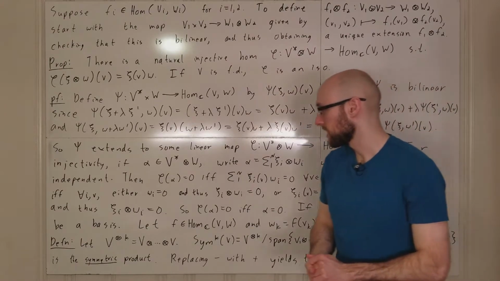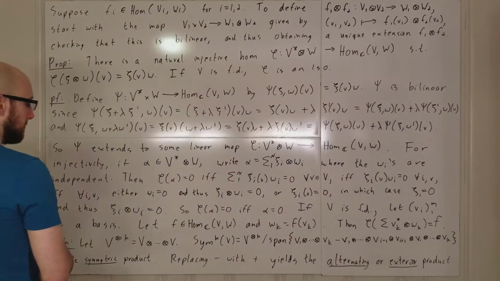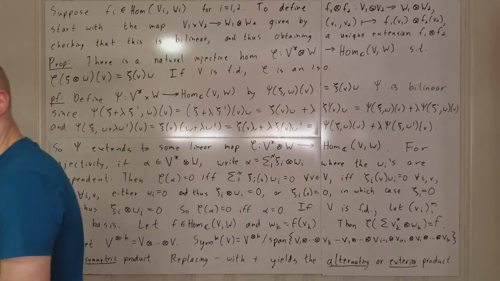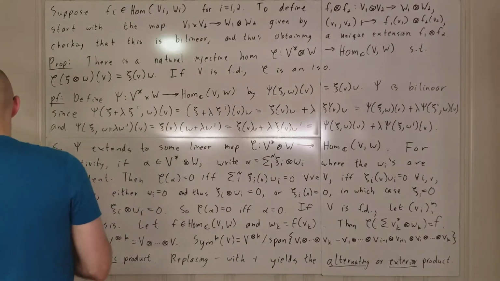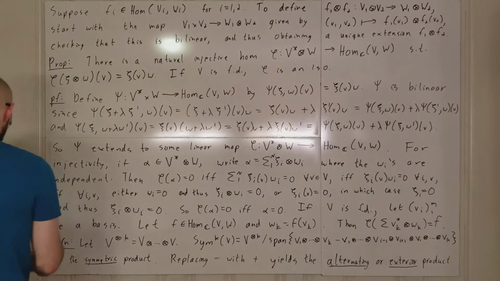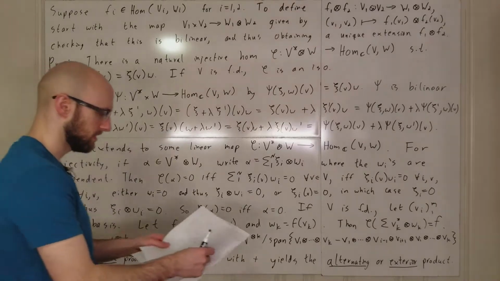But you can do the same thing, but I actually didn't write down the symbol for this next part. The alternating or exterior product is written using a capital lambda.